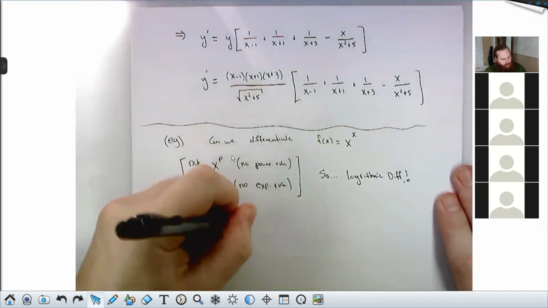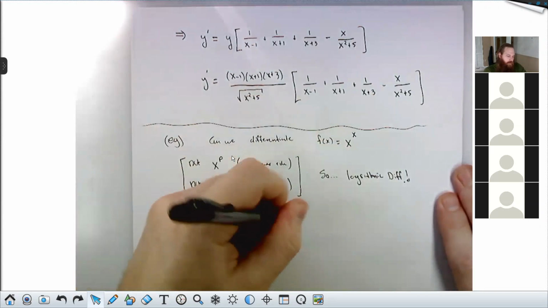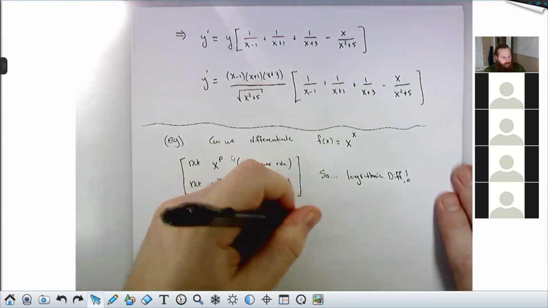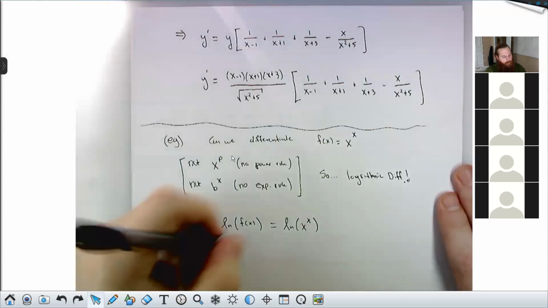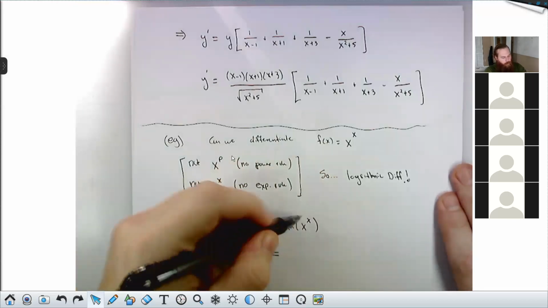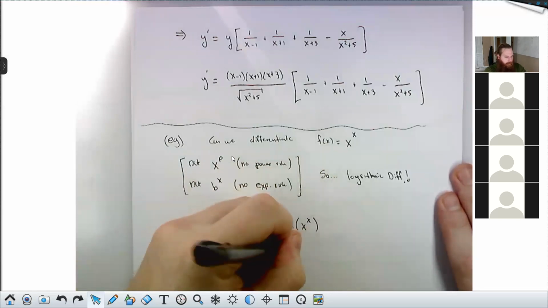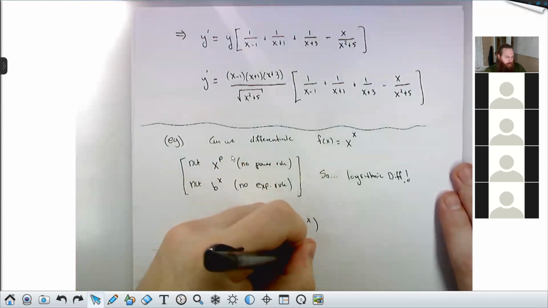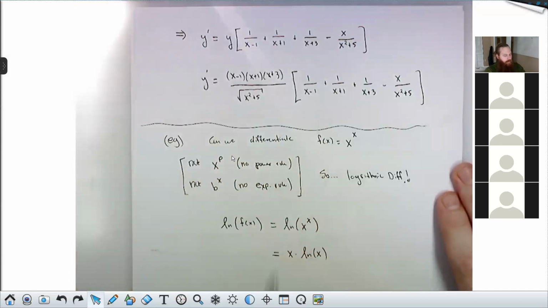And I get that the natural log of f of x is equal to the natural log of x to the x. I can use the rule for logarithms, which says a log of a power can be the power times the log of that base. So in other words, this exponent comes down front.